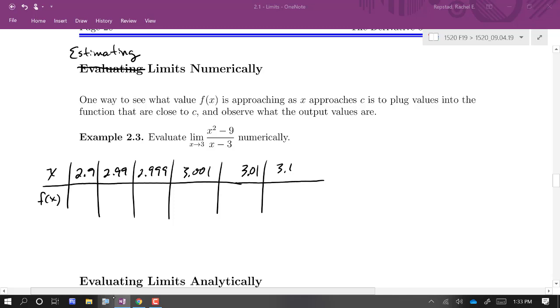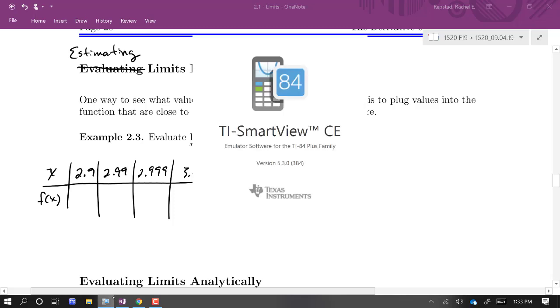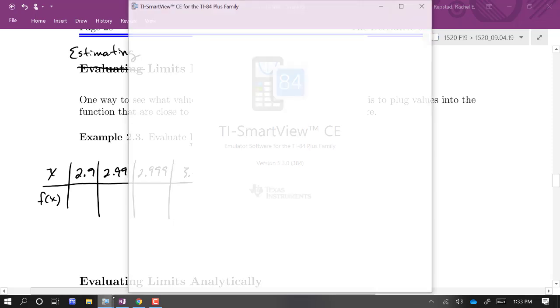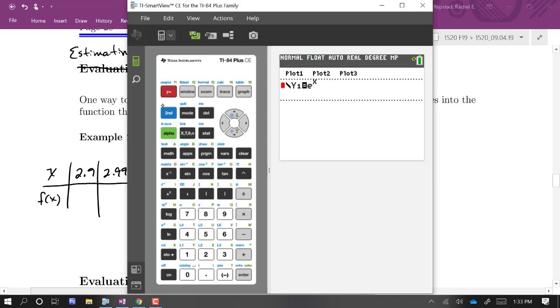I'm going to start by entering this function on the calculator, in my y equals editor. On top, I have to make sure I'm putting everything in parentheses: the top in its own set of parentheses, divided by the bottom in its set of parentheses.